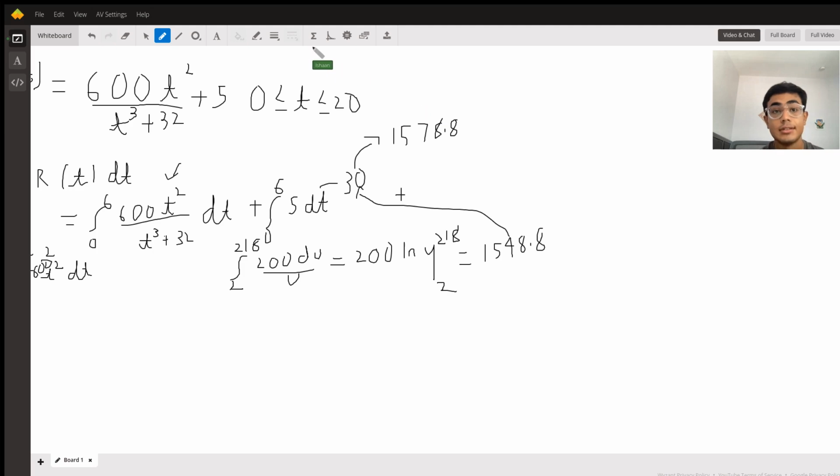Since the problem tells us to round to the nearest thousand, we would round this up to 1,579. So our final answer would be 1,579,000 barrels. Yeah, this would be our final answer.